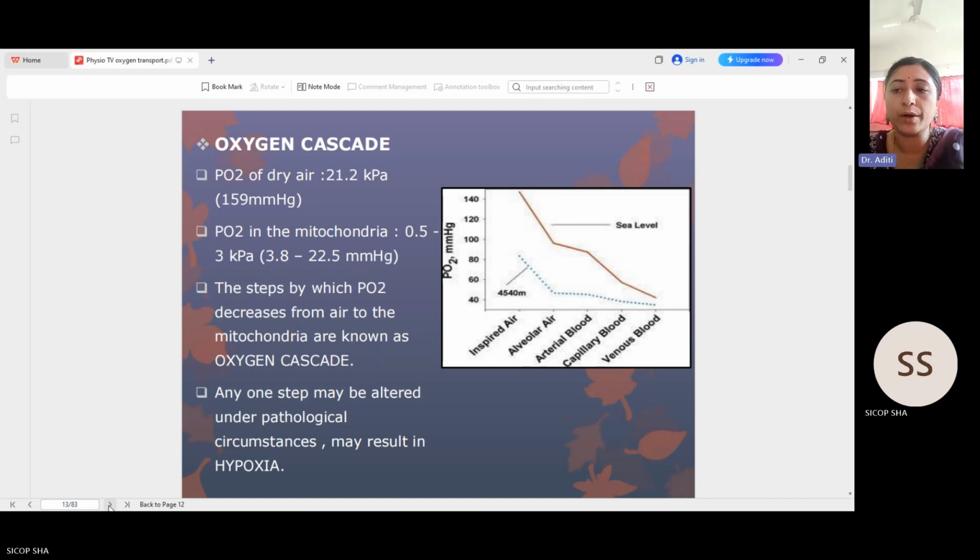At the mitochondrial level, it is only 3.8 to 22.5 mmHg. These steps by which the partial pressure of oxygen decreases from the air to the mitochondria are known as the oxygen cascade. Any one step may be altered under pathological circumstances, and that might result in hypoxia.